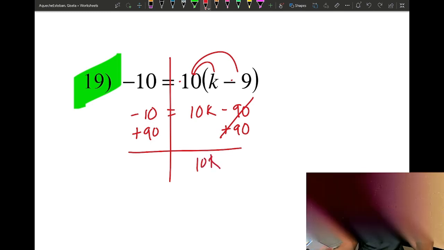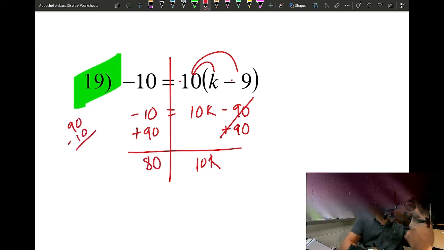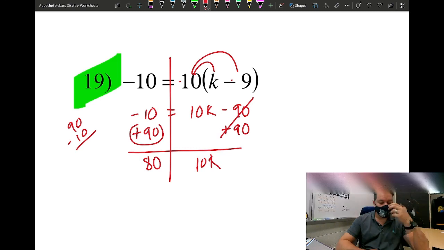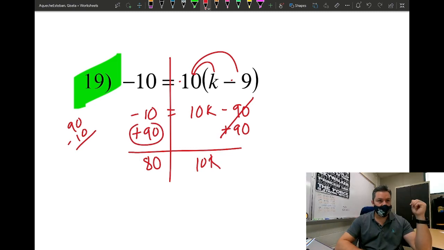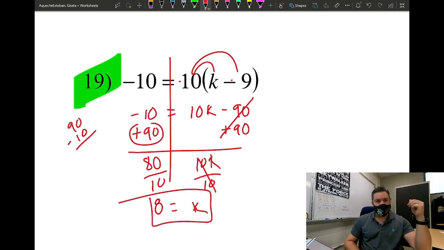Opposite signs, so I'm just going to subtract 90 minus 10, which is 80. Which one's bigger? So it's positive, right? One more step. Got to divide by 10, right? Divide by 10. Cancels out. So k equals 8. And that's my answer.